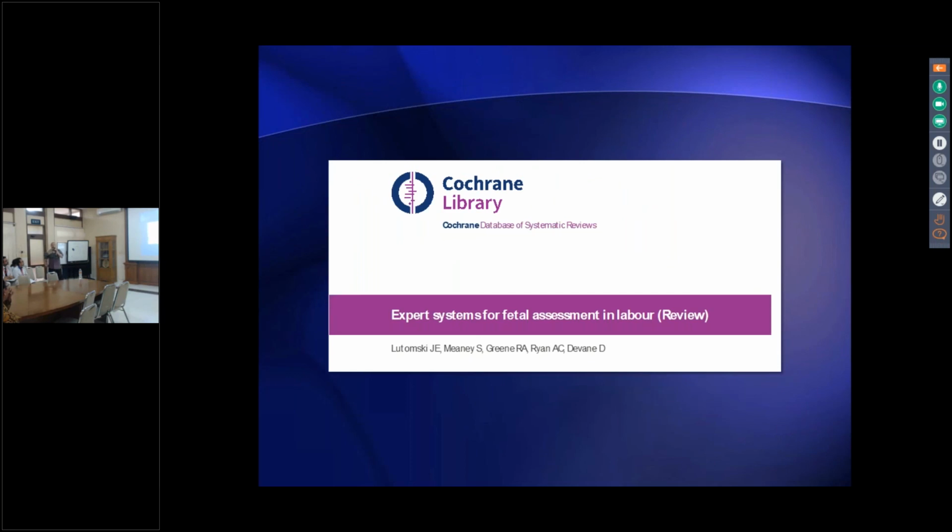The other one I want to talk about is the expert systems. One of the problems with CTGs is that they've got very large inter- and intra-observer variability. So we know that if you give the same group of clinicians the same CTG tracing to interpret, you will get some differences of opinion in the room. Do you agree with that?